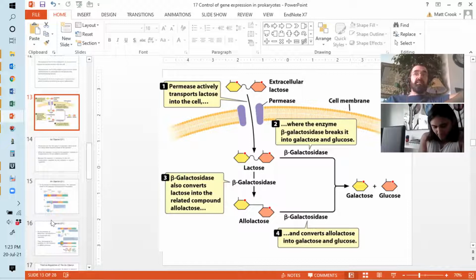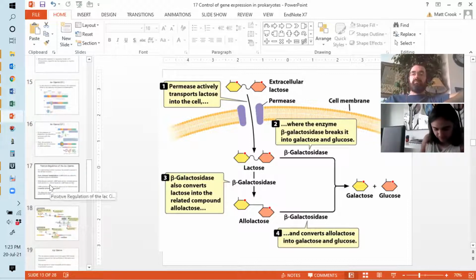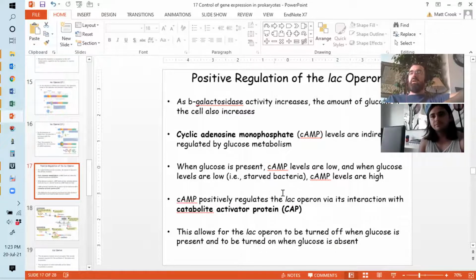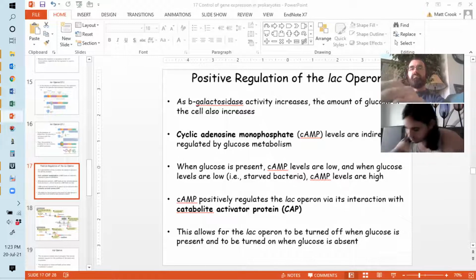Now, the way that this is done is actually a little bit complicated, as one would expect, right? So basically, we can't detect glucose directly. We have to use kind of like a sensor, essentially.